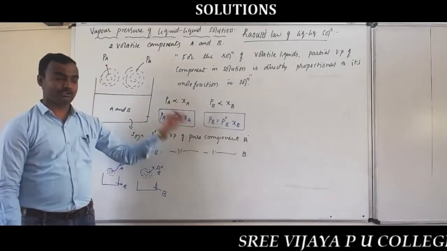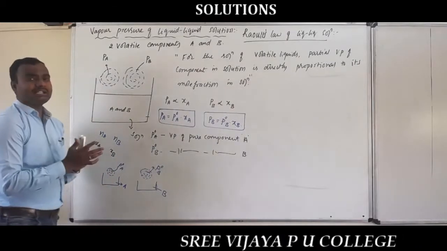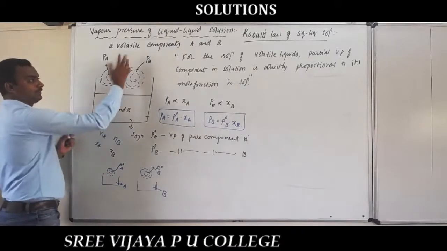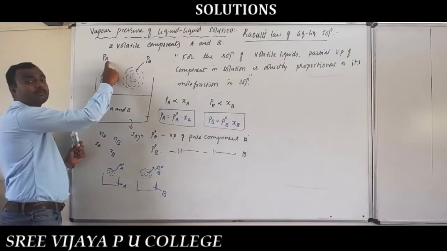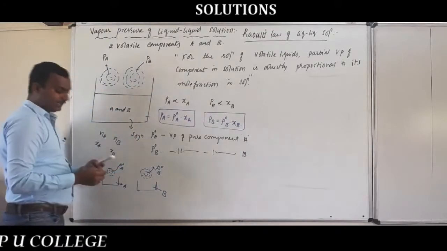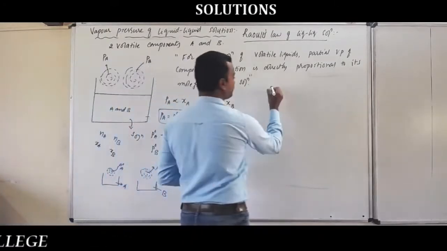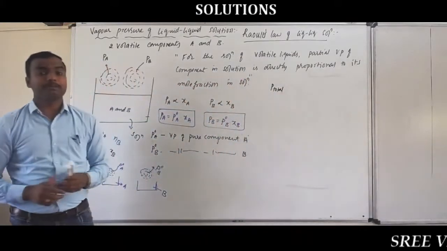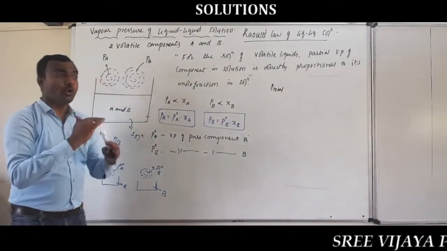There is some mathematical expression. Now I am going to calculate the total pressure of the solution over the solution phase. Here this is the partial vapor pressure of component A and this is the partial vapor pressure of component B. What I need now is the total pressure, P total, that is the total pressure over the solution.